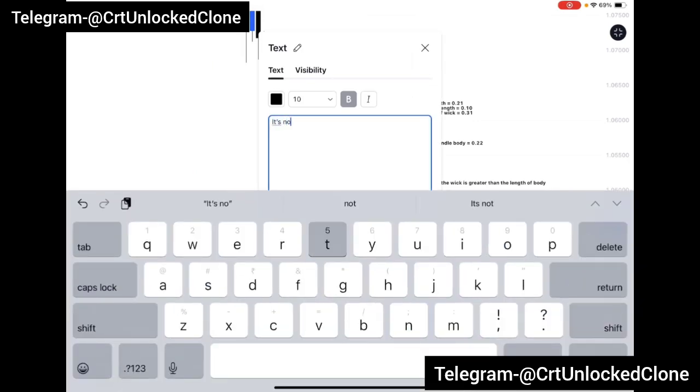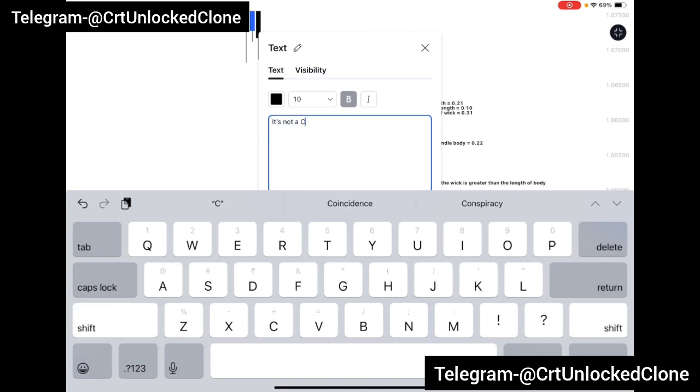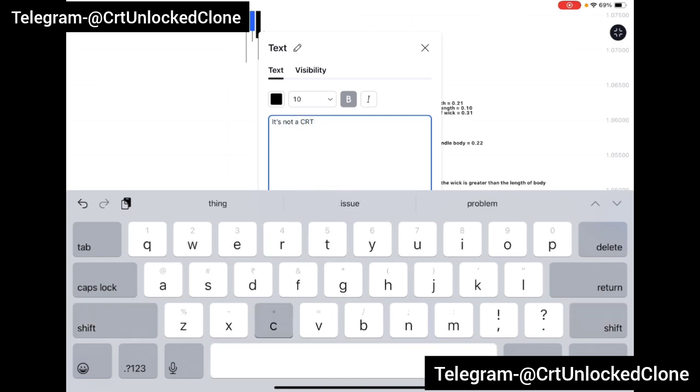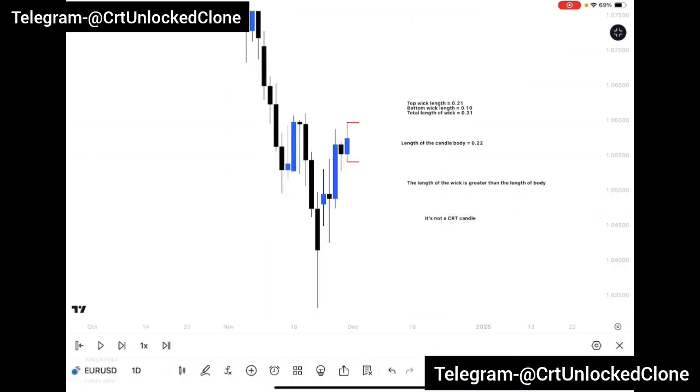This candle is not a CRT candle because the total length of wick is 0.31 and the length of the body is 0.22. So the length of the wick is greater than the length of the body of this candle. So it's not a CRT candle.